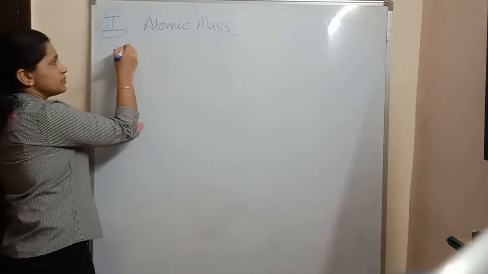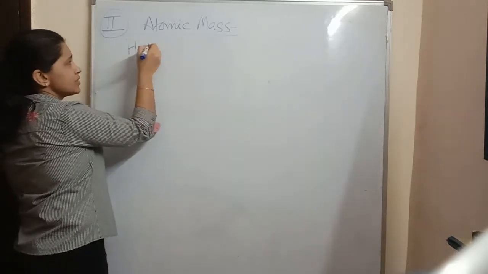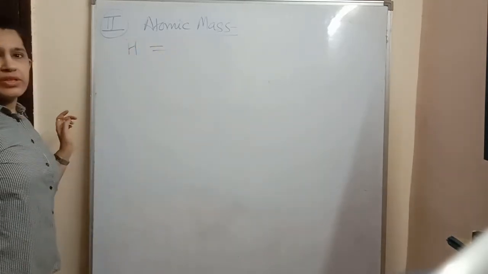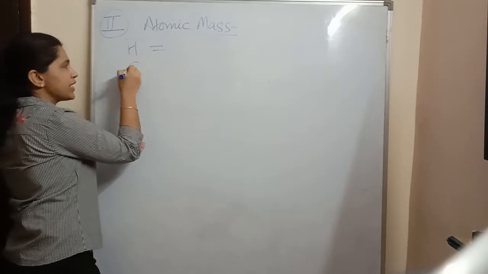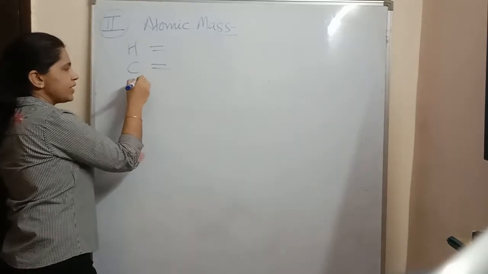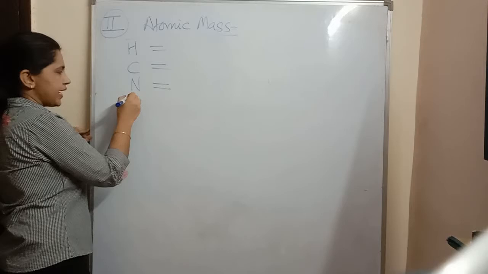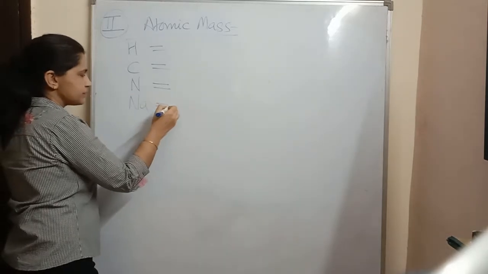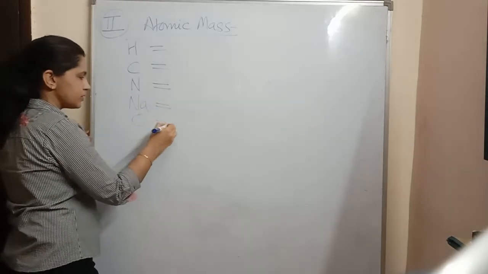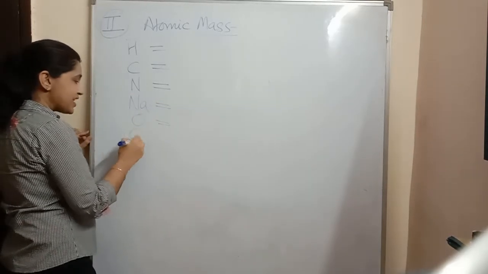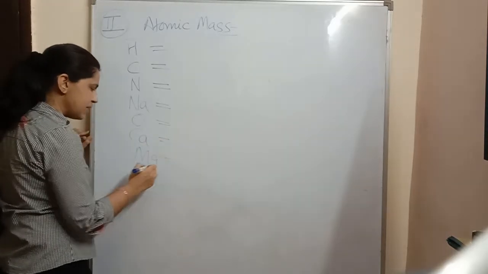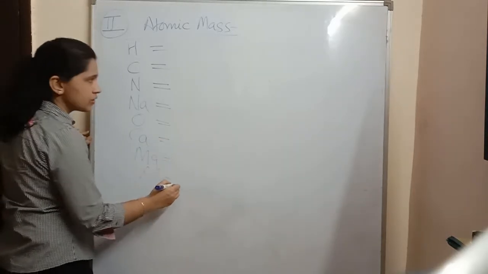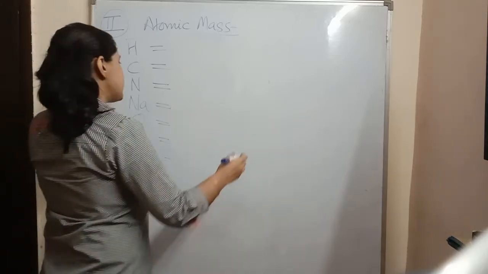H, you know, atomic mass. Just giving you a minute if you can write H. Randomly I am writing C, N, sodium, oxygen, calcium, magnesium, aluminium. Randomly I am writing, right?